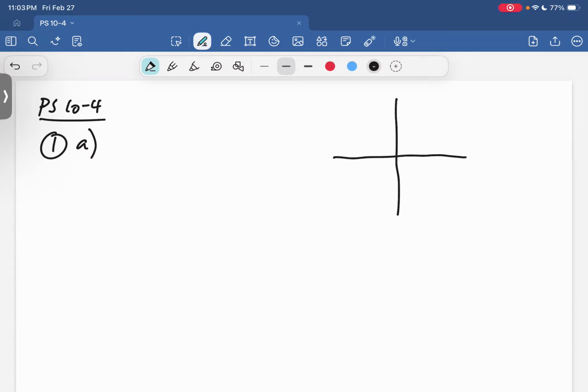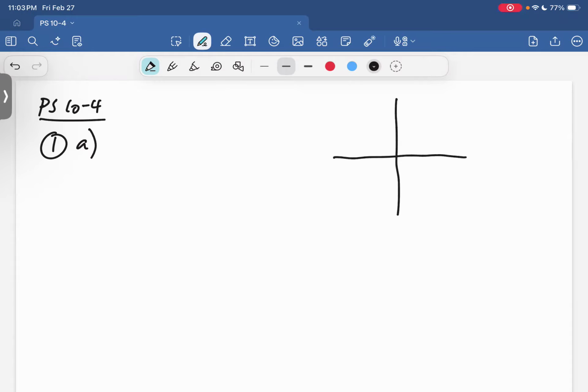D, my vertices are at -1, 1 and 3, 1. The foci are at -2, 1 and 4, 1. So this is a horizontal hyperbola, right?